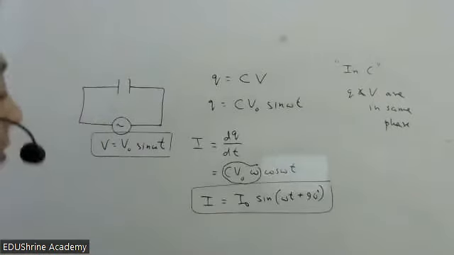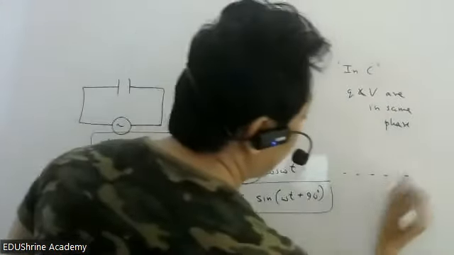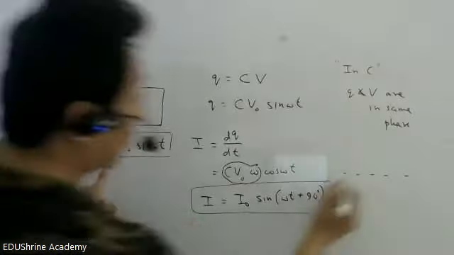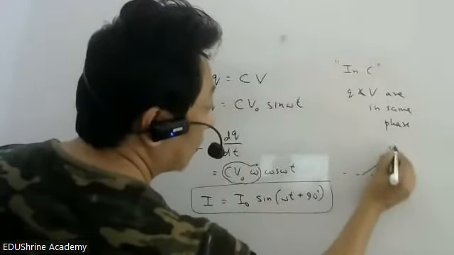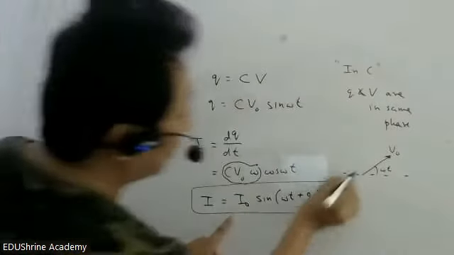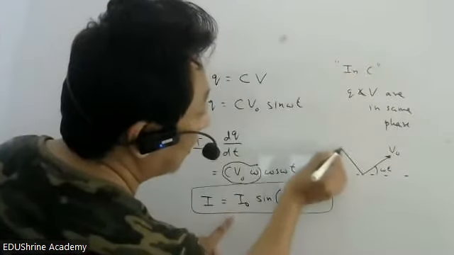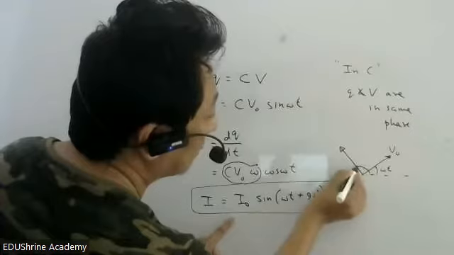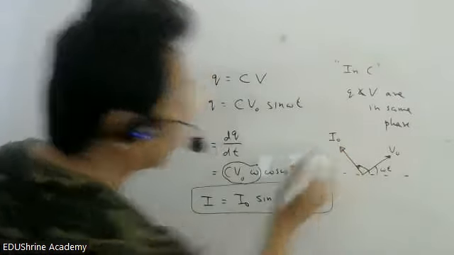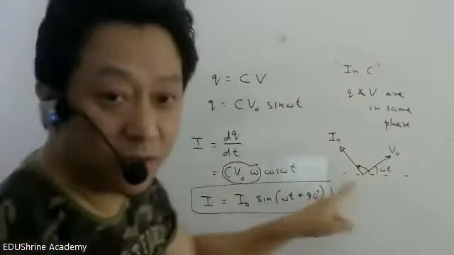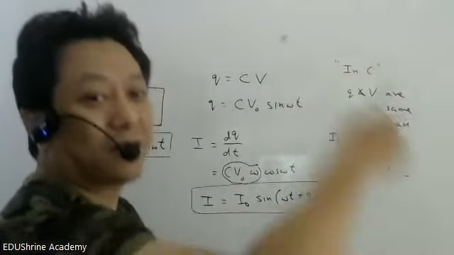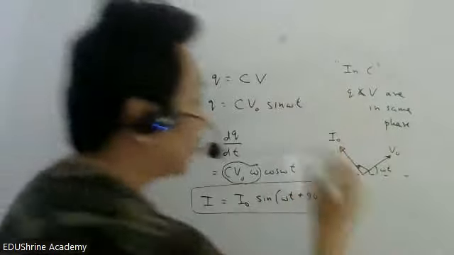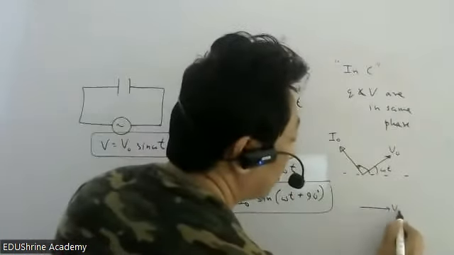So if this is your reference line, and your voltage V naught has phase omega t, your I naught will have phase omega t plus 90, like this. Either you can show this way, or these guys will keep rotating anti-clockwise. Also write V naught, I naught.